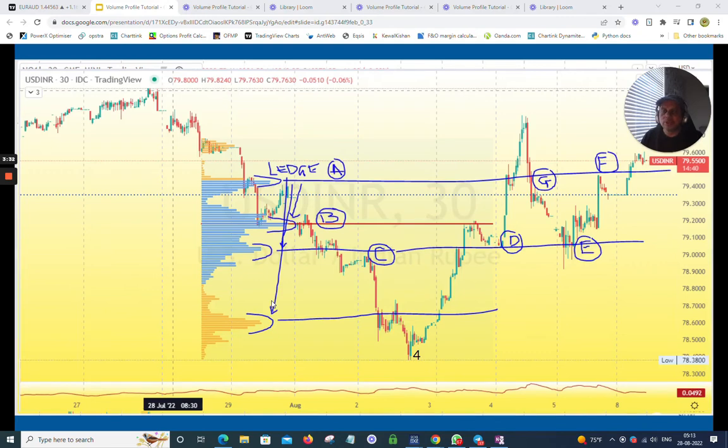Now there are 6 or 7 kinds of structures that can be formed, and they've been found by traders, and these structures can be traded.